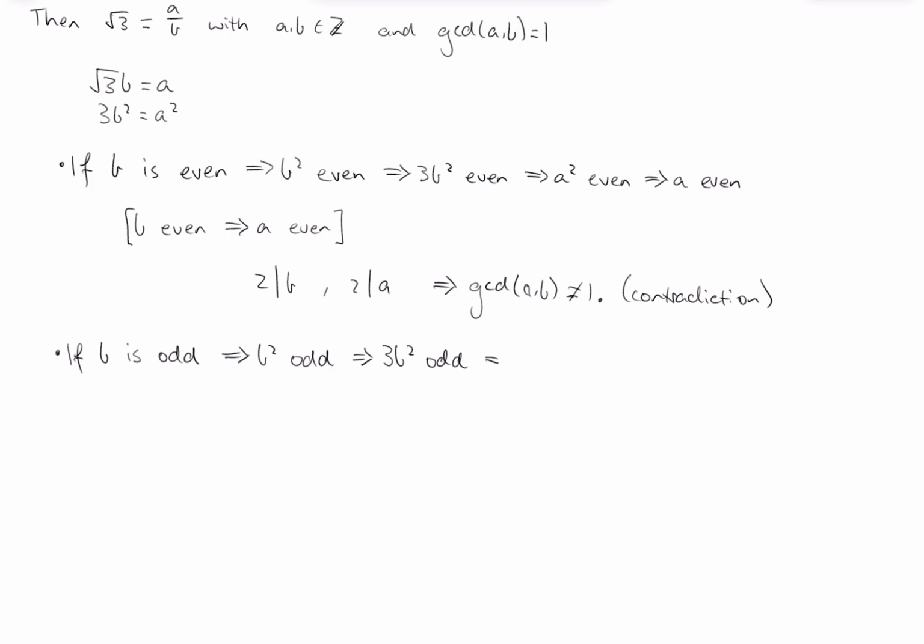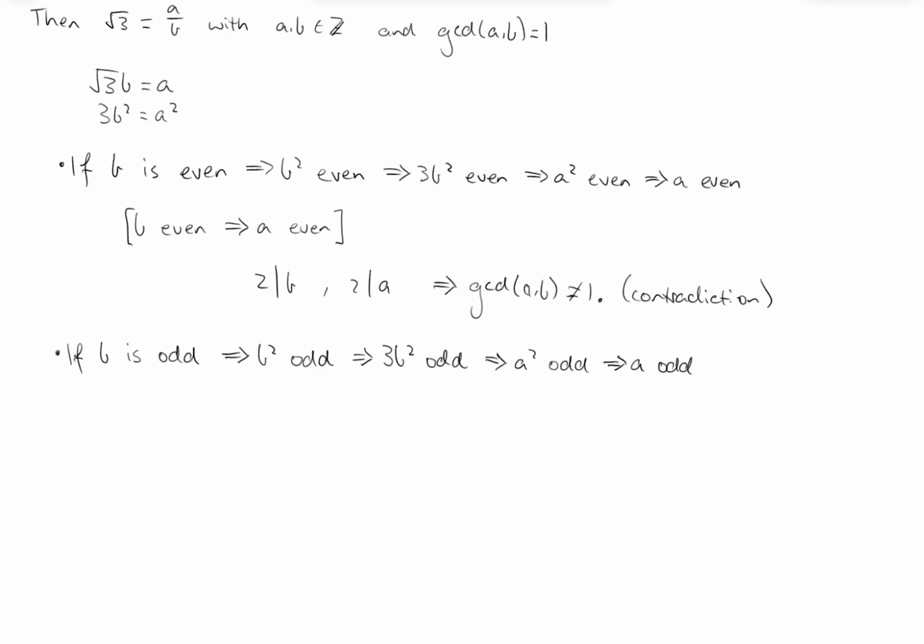And again, that's our left-hand side. We have an equality, so the right-hand side, a squared, must be odd as well. And if a squared is odd, we have that a must be odd as well.